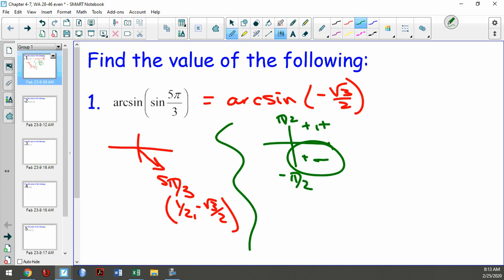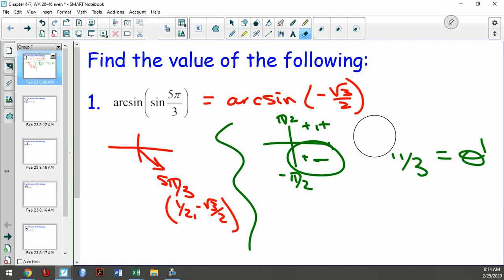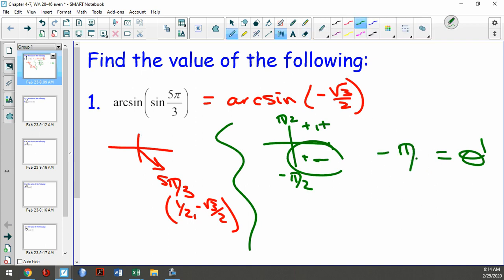Well, the hands of the clock tell me 1/2 square root of 3 over 2 corresponds with a pi over 3 angle. That is your reference angle. Anytime you have your reference angle, all you have to do for the arc sine is simply put a negative in front of it, and it gives you your actual physical answer, and you're done immediately.